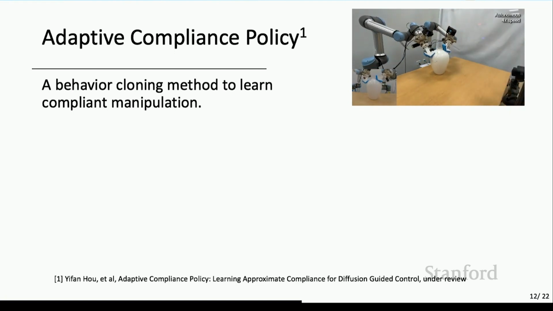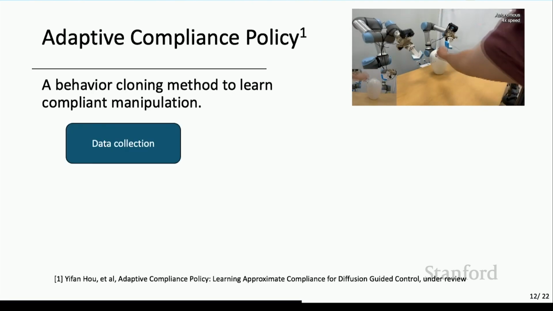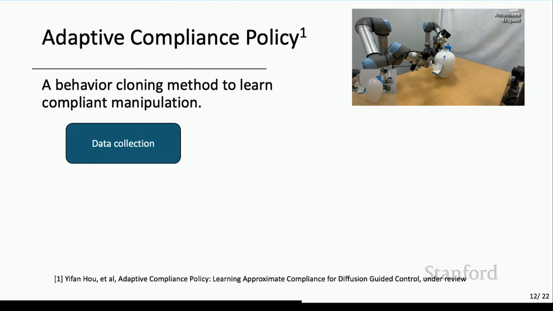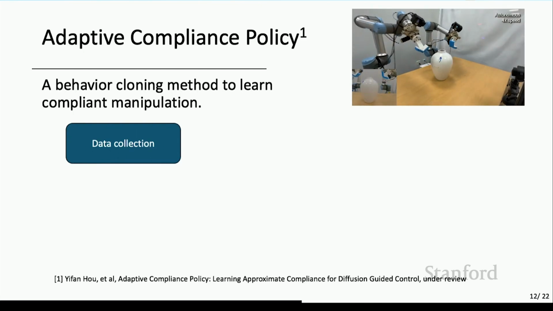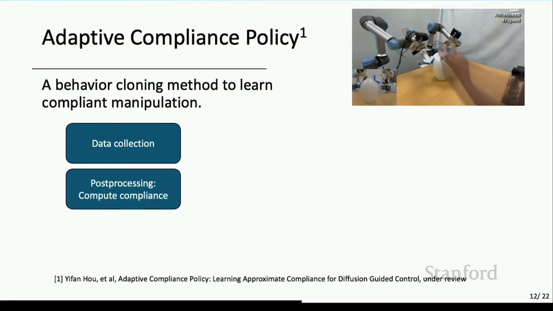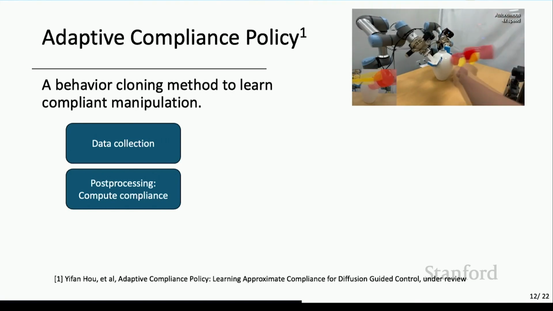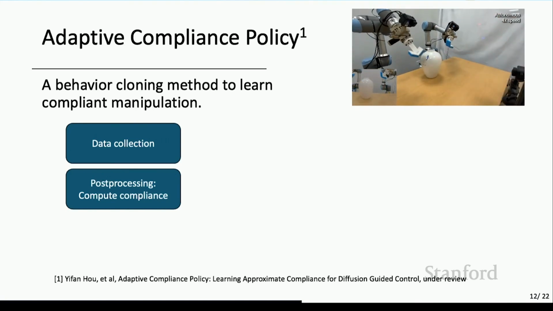A quick overview of the method. You start with a data collection system that is able to record variable compliance behavior from humans. Then we have a post-processing step to compute the compliance profile from this data so we can have a label.